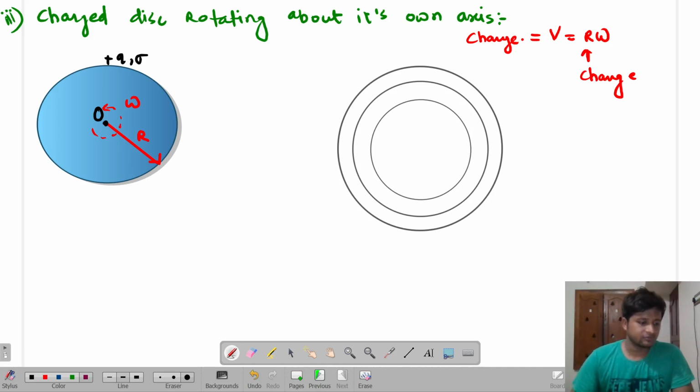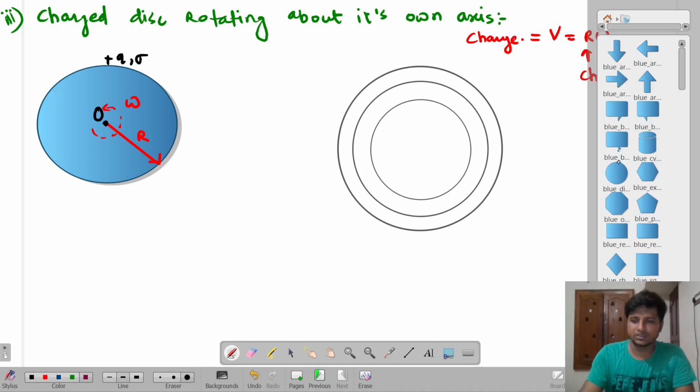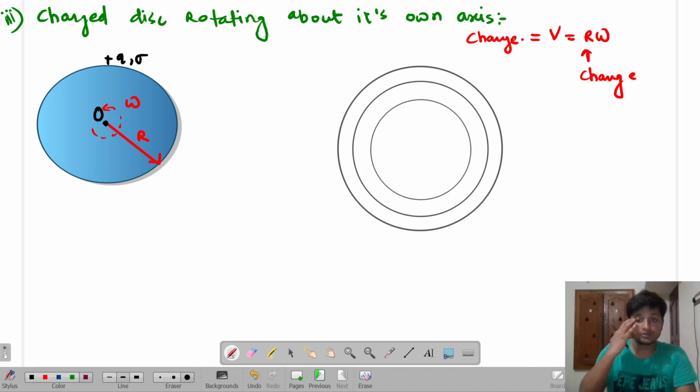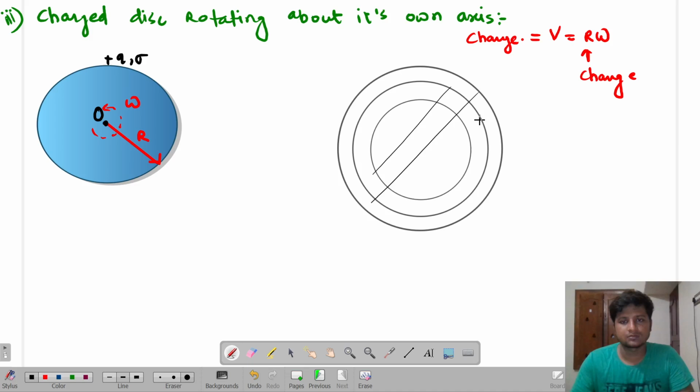So how to find it? It's simple. First, as we know this is a whole disk, the first target is to consider a ring element over here, and then you can do the calculation. So let's suppose this is my bigger disk.